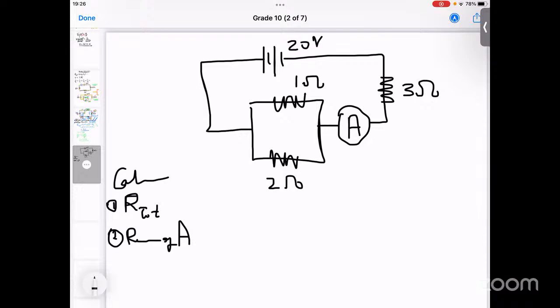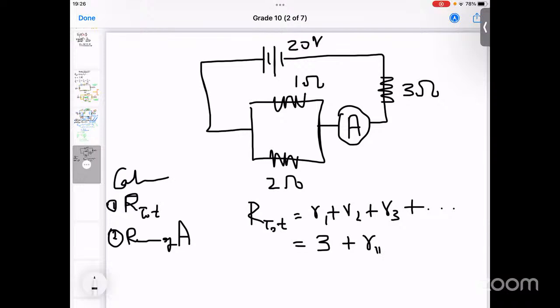And the formula says R total is equal to R1 plus R2 plus R3, plus any other resistors which may exist. In this case, I only have that one of 3 ohms to add. I still have those ones which are connected in parallel.